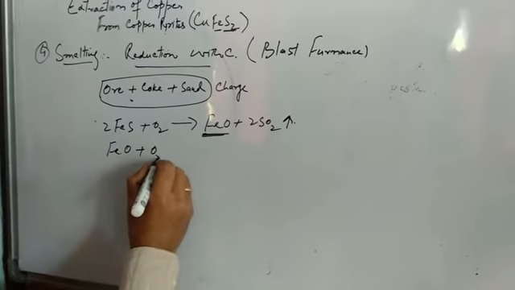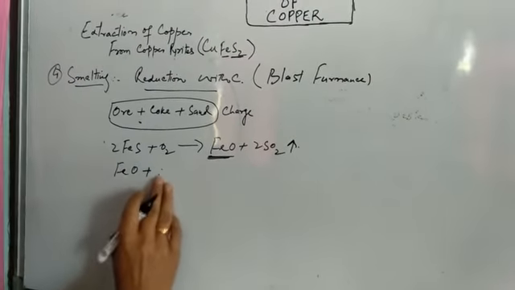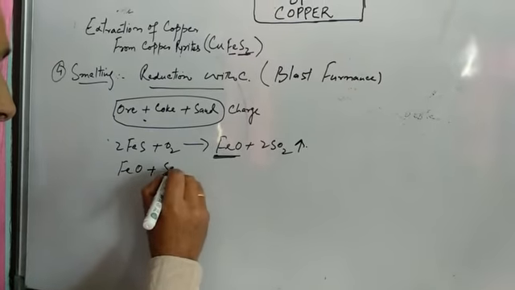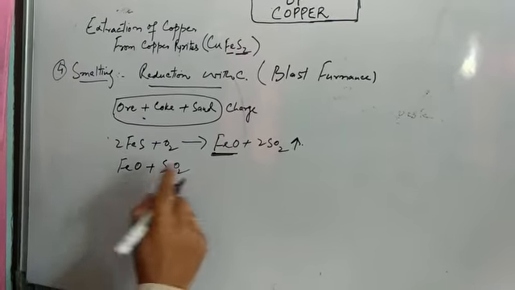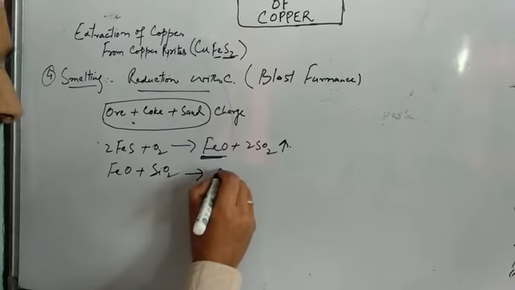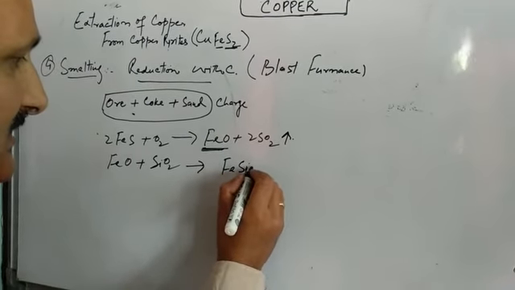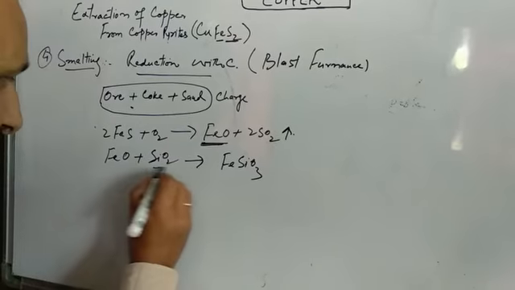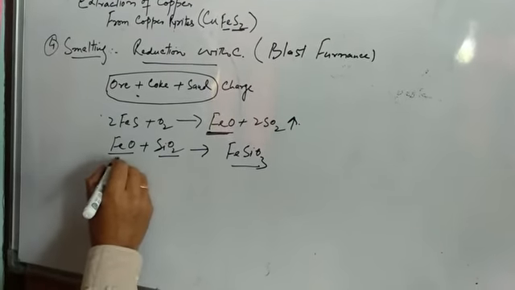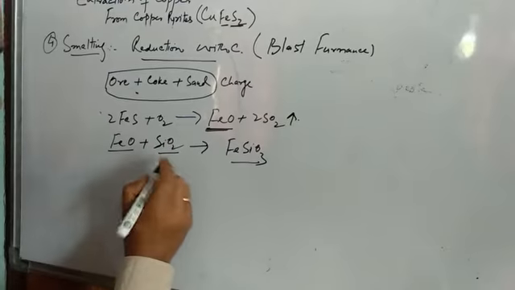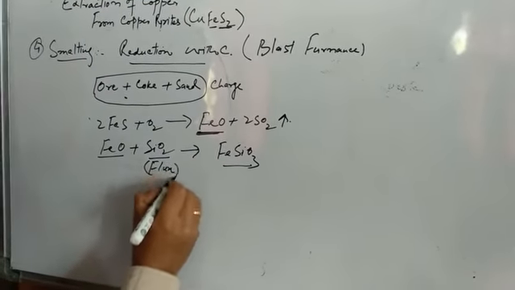That is, it will combine with sand, since sand has been mixed here. Sand, SiO2, this is sand. And as a result, we will get iron silicate. This FeO is the flux. Flux means which helps in removing impurities.